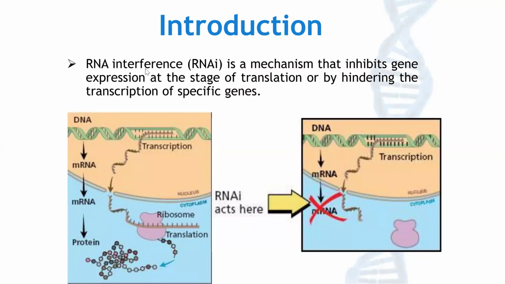So in simple terms, RNA interference is a type of RNA that blocks protein synthesis. It inhibits the synthesis of proteins by stopping the translation. So that is the meaning of RNA interference.